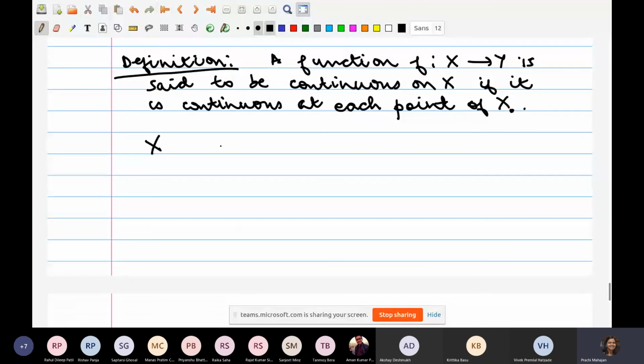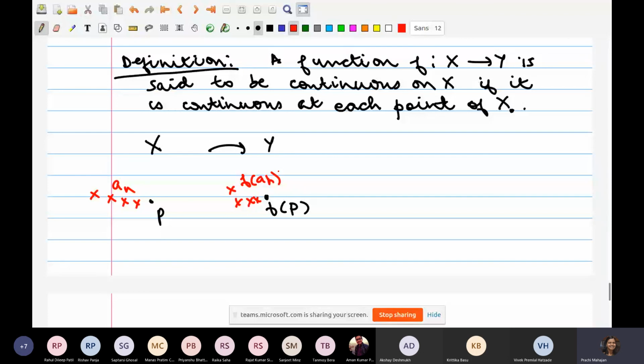So X is here, Y is here, p is a point here, and f of p is here, right? For every sequence in X converging to the point p, the corresponding sequence f of an converges to the point f of p.